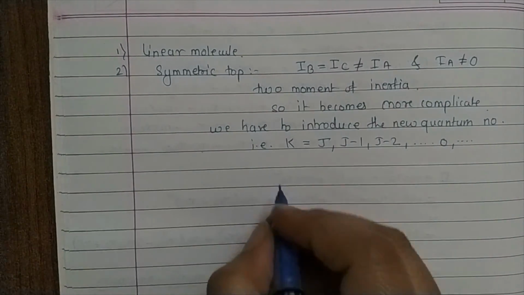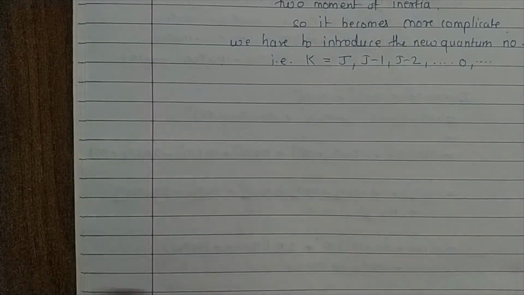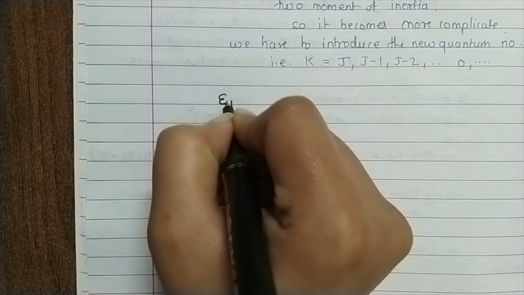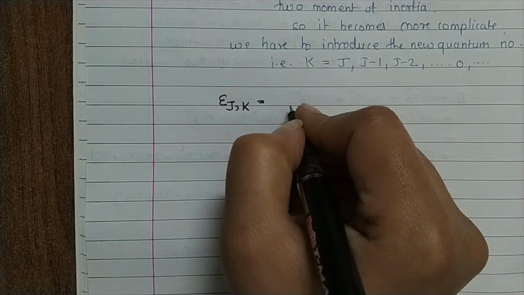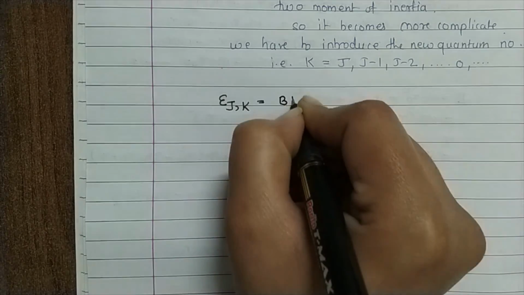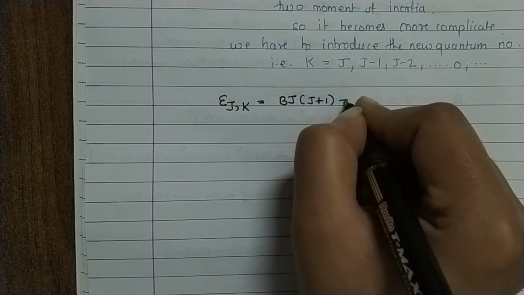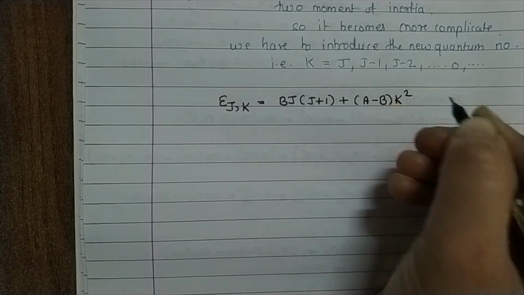So when we introduce the new quantum number, the expression for epsilon j changes. So epsilon j k is equal to bj into (j plus 1) plus (a minus b) k square.